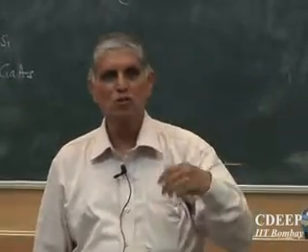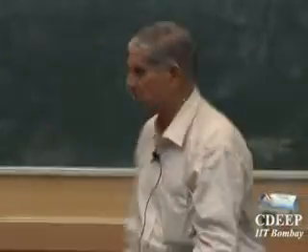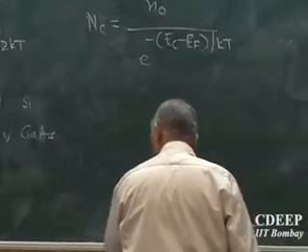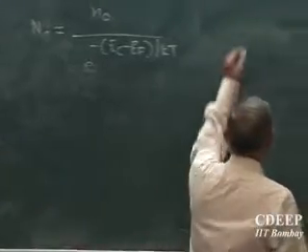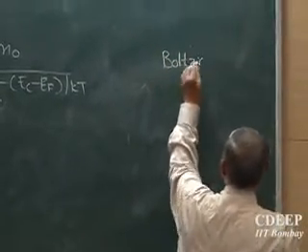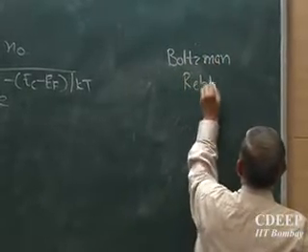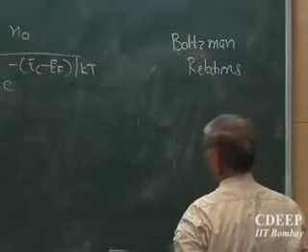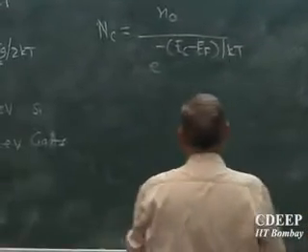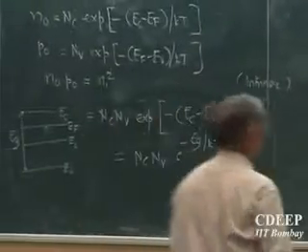Is that clear? So the relations which I am now going to show are called Boltzmann's relations. This is the only relation I use everywhere in my analysis. So I am interested to derive what I call Boltzmann's relations.